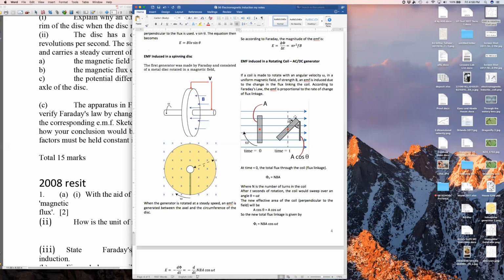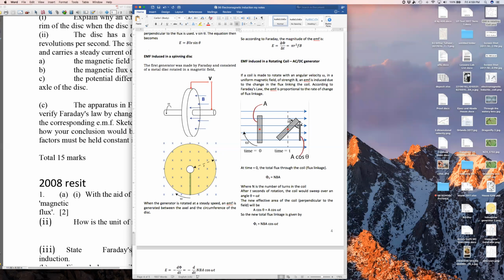If this whole face here is A, this part of that face, with this angle theta, will be A cos theta. Why cos theta? Because this is the adjacent side. This other part of A will be A sine theta. We don't care about that area because no flux passes through it. All the flux passes through this area, A cos theta.